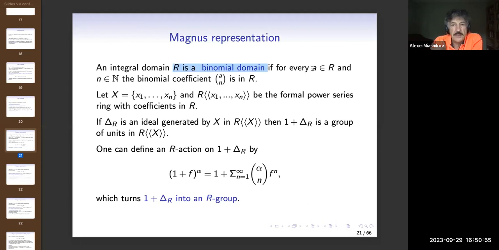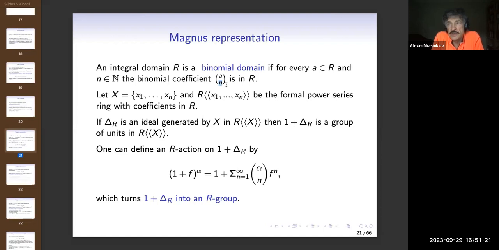It means if you pick an arbitrary element in R, then this binomial coefficient is again an element in R. To compute this binomial coefficient, you need to divide by some, say, n factorial or something like that.